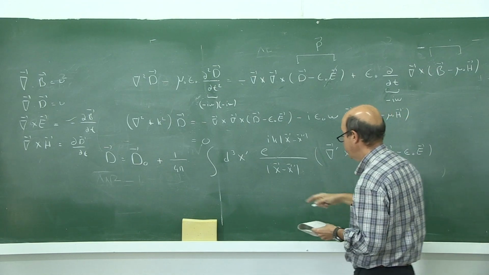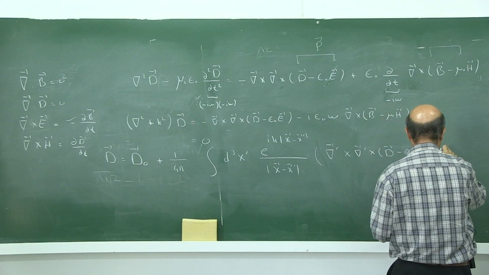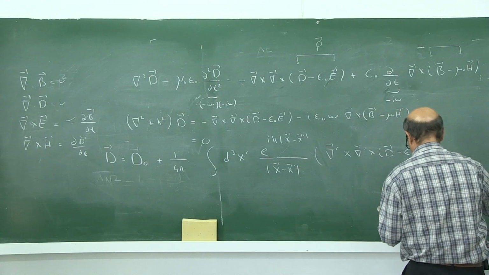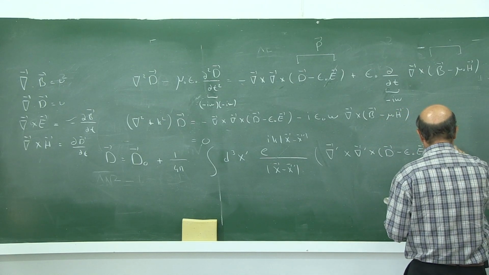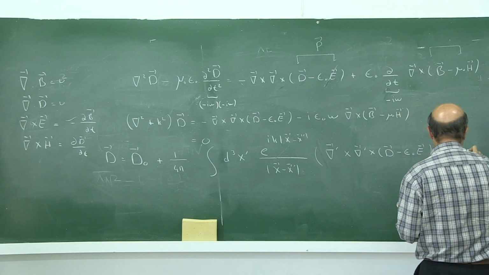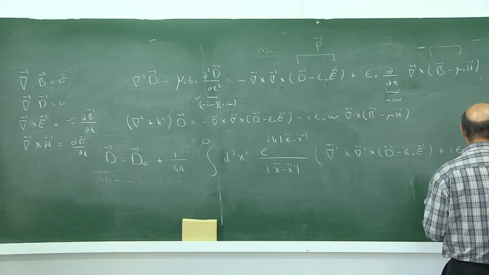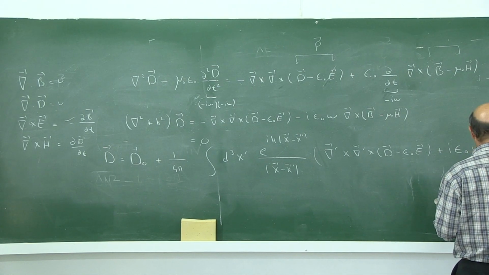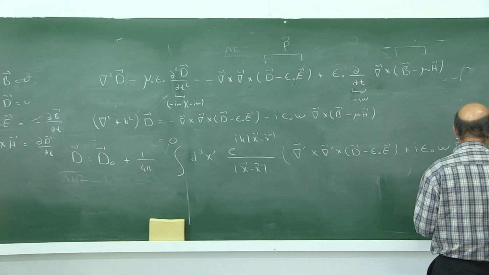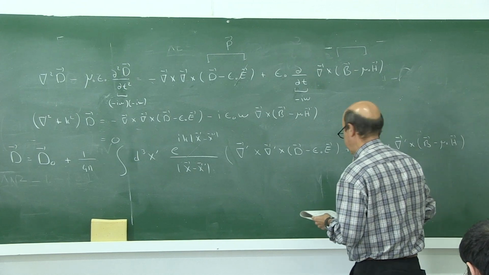Therefore this should be positive, and the other should be positive too, if you remember the solution of the non-homogeneous wave equations. So that is nothing but plus i epsilon 0 omega curl of B minus mu 0 H.